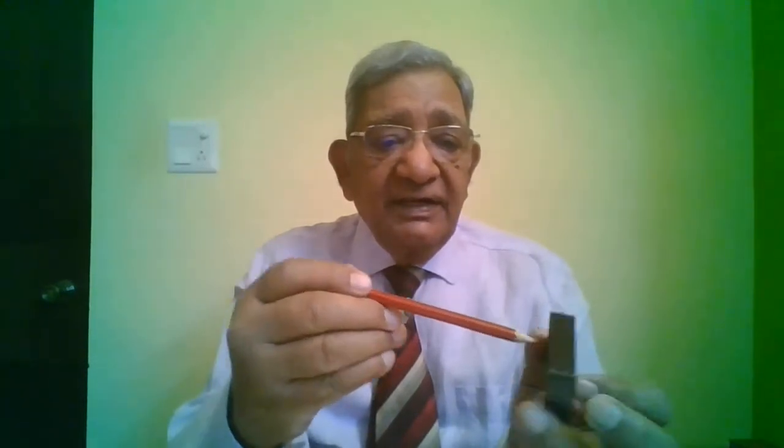This is the outer surface, all four sides, and this bottom is the outer surface. Now there is an inside surface. This is the inside surface, and all four sides are part of the inside surface or the inside shape.